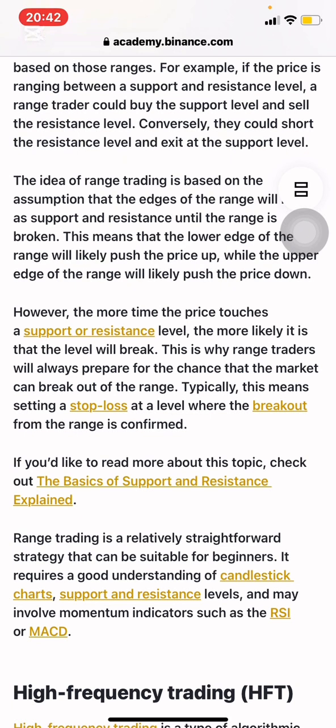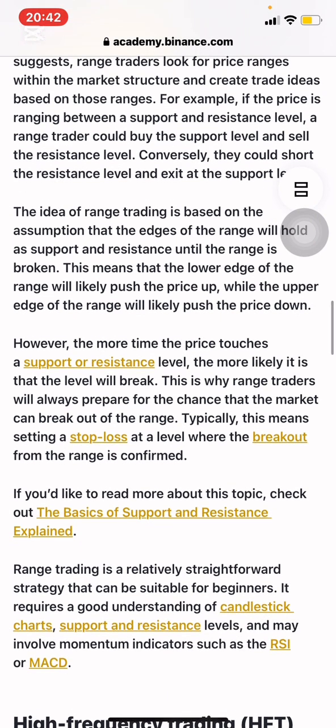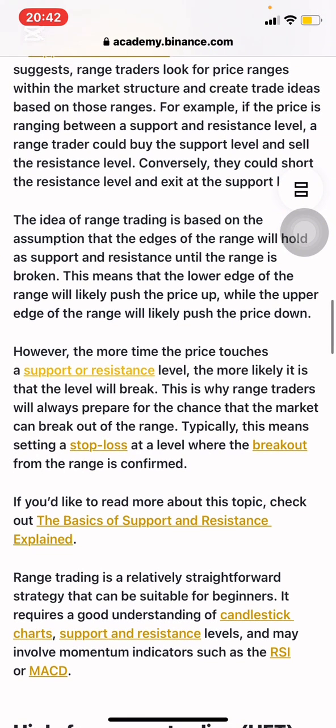So they're telling us that range trading is a relatively straightforward strategy that can be suitable for beginners. It requires a good understanding of candlestick charts, support and resistance levels, and may involve momentum indicators such as the RSI, the relative strength index, or MACD, the MACD indicator.